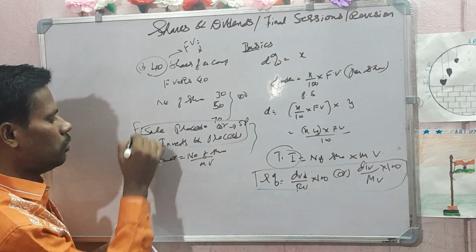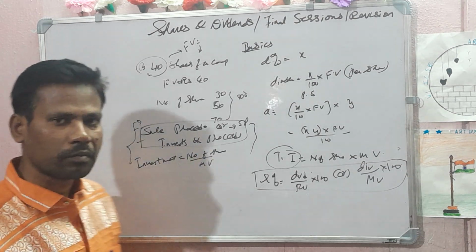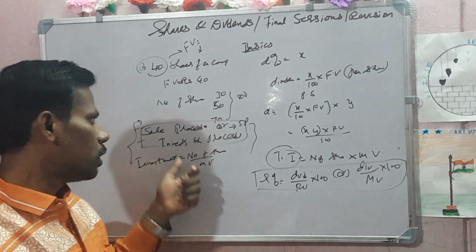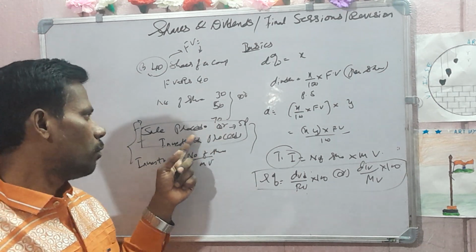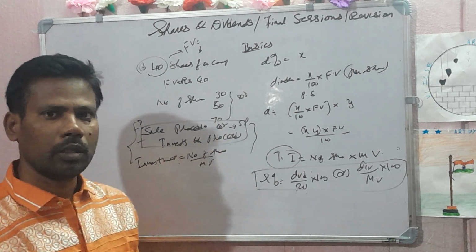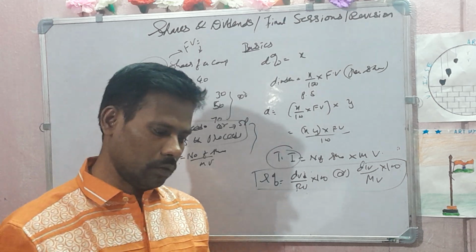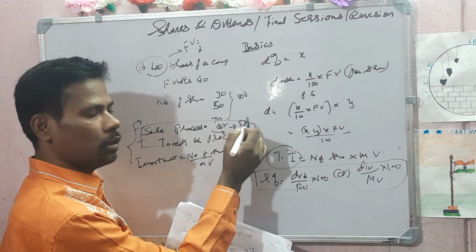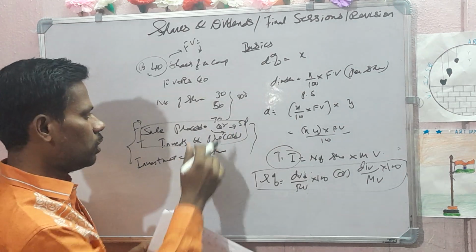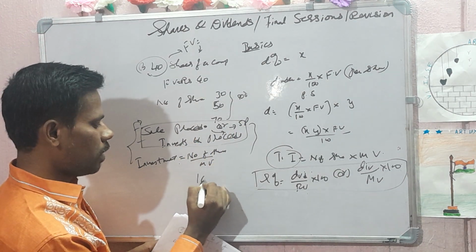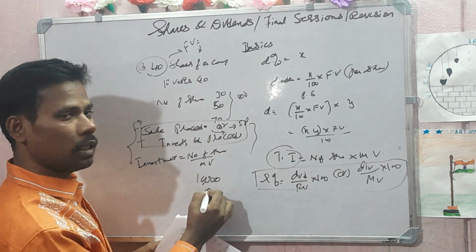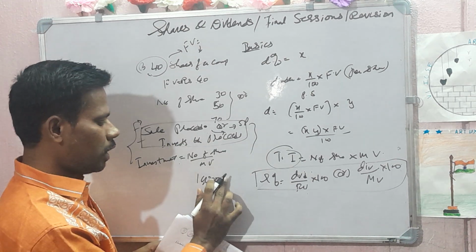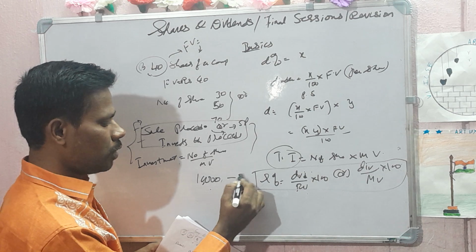This is another very important type, sale proceeds. What is the meaning of sale proceeds? You can search in Google, they will give different meanings, but the final concept is the total money he gets minus the other expenditure. Suppose I am getting 10,000 as the sale proceeds, and other expenditure may be 5,000.